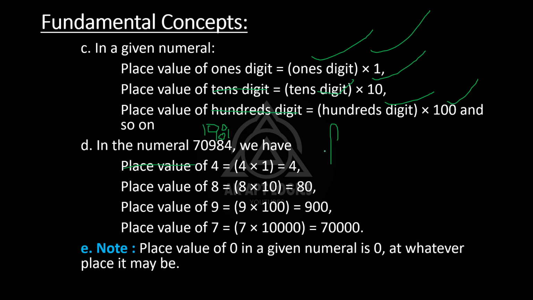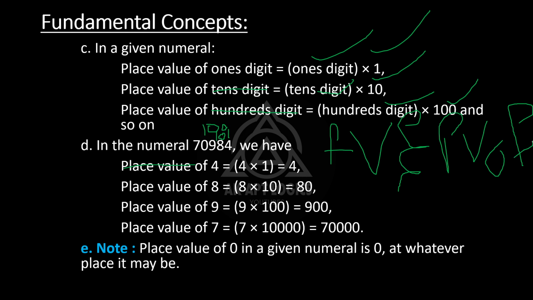The face value and place value of 0 at any position in a given number, a point to be noted, is always 0. This is why, because I'm going to explain to you. For example, here we have 0, right? See, here we have 0, right? In which position has it been placed?